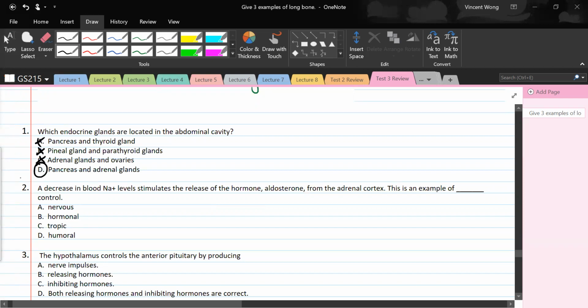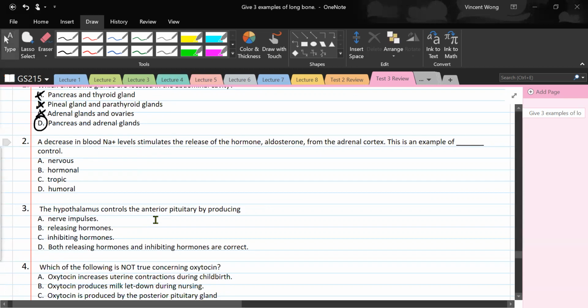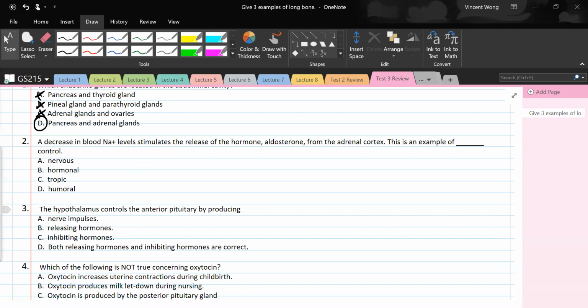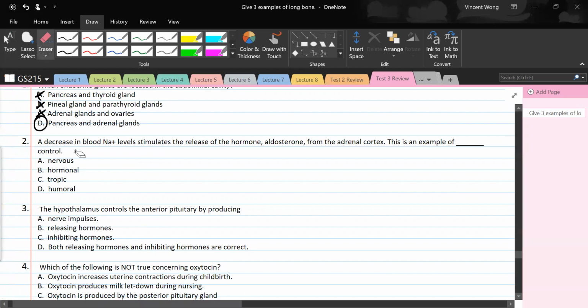Okay? If you want to try these questions on your own later, you can just copy the answer on a piece of paper first, or maybe you've already tried them. I don't know. A decrease in blood sodium level stimulates the release of the hormone aldosterone from the adrenal cortex. This is an example of hormonal control.